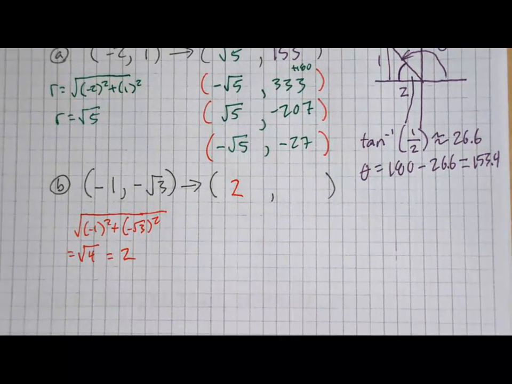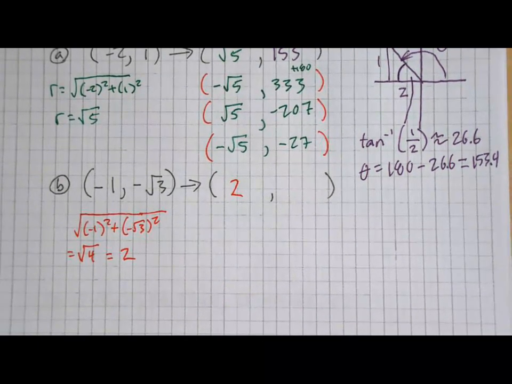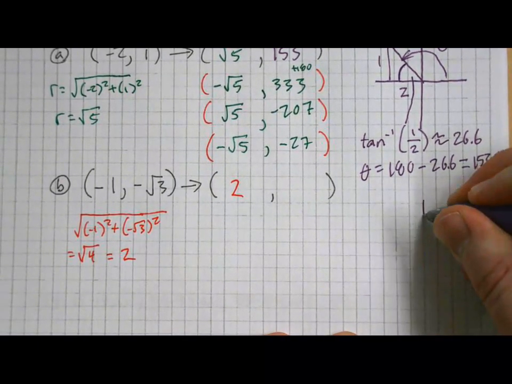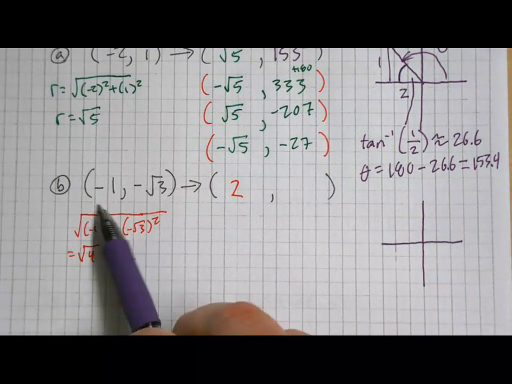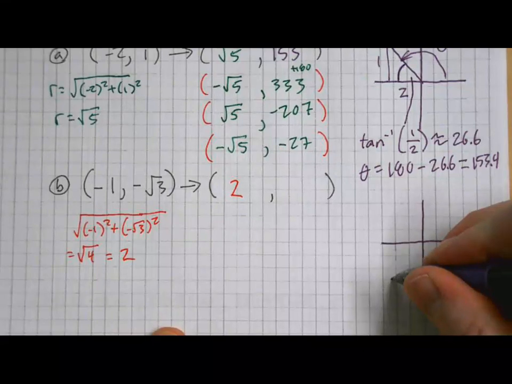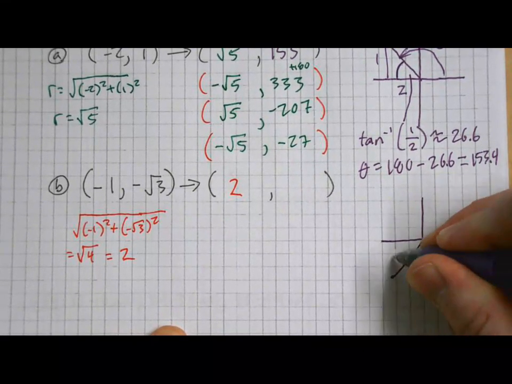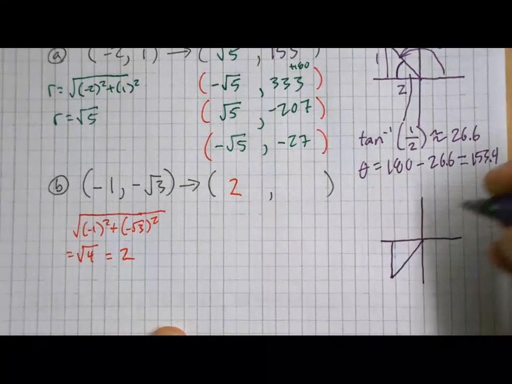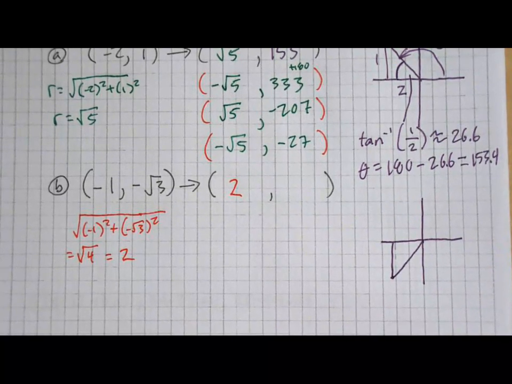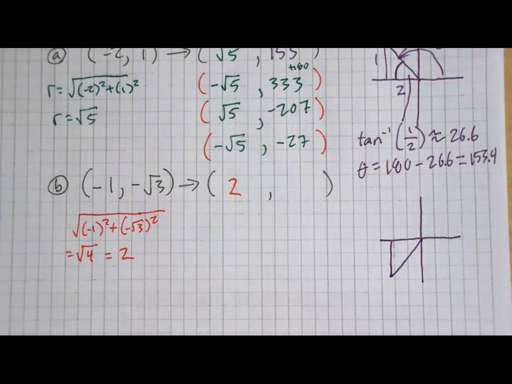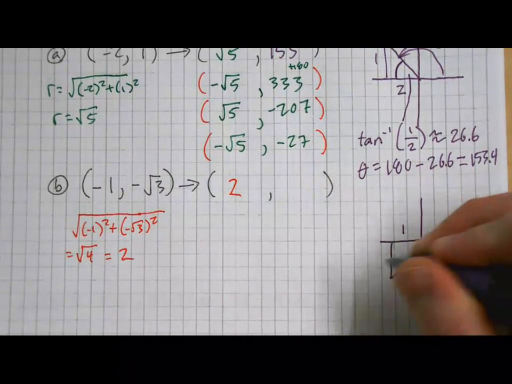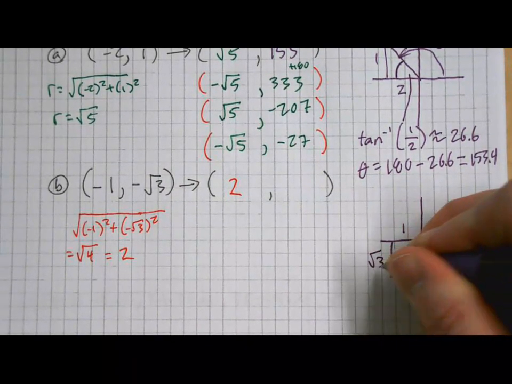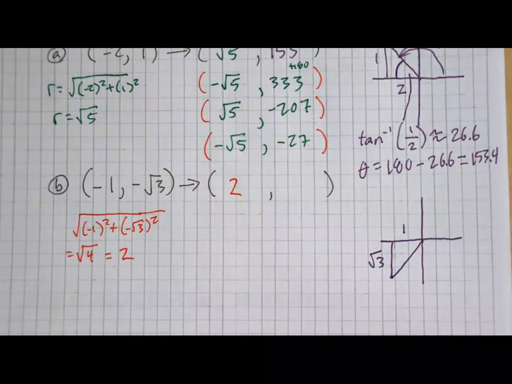Draw me a reference triangle. What quadrant's my point going to be in? Negative and negative, so fourth quadrant. Or third quadrant, thank you. Third quadrant. 1 and root 3. Oh, those numbers seem familiar to me.